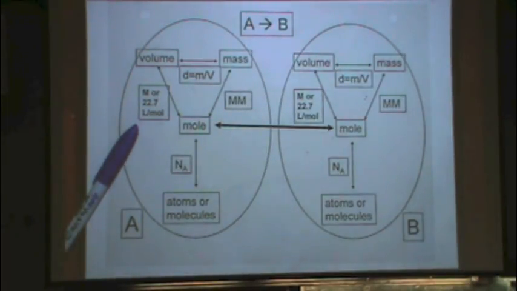If you're talking about a liquid, Chapter 4 material, molarity is a conversion to go between moles and volume. If you're talking about a gas, then 22.7 liters per mole is the way to convert back and forth between volume and moles. So we have a new pathway of sorts to go between volume and moles using that ratio that kind of trickles out of Avogadro's law.